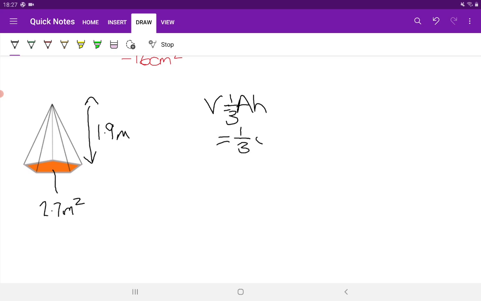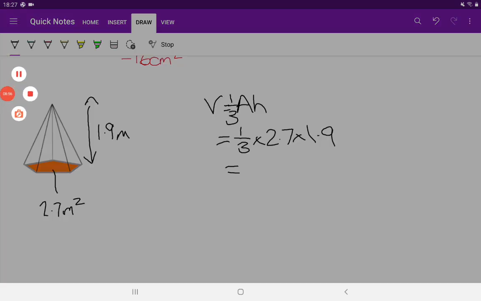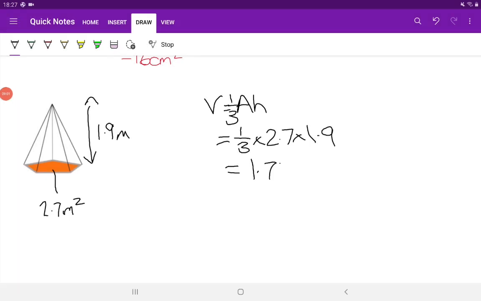So it's a third of 2.7, because that's our area, times 1.9, because that's our height. So 2.7 times 1.9 divided by 3 gives me 1.71, and this one was in metres, so cubic metres. And if the answer doesn't work out nicely, guys, remember you can just round it.